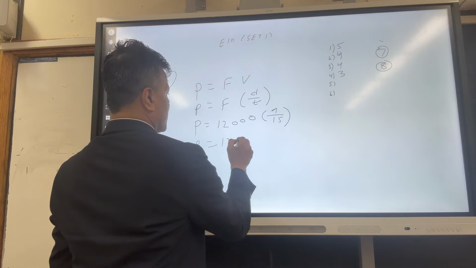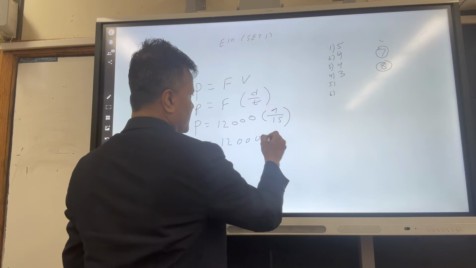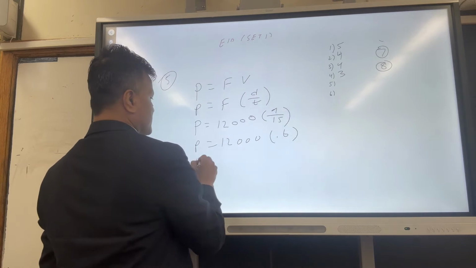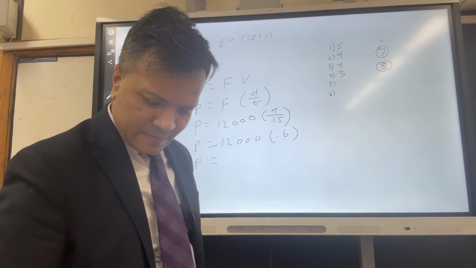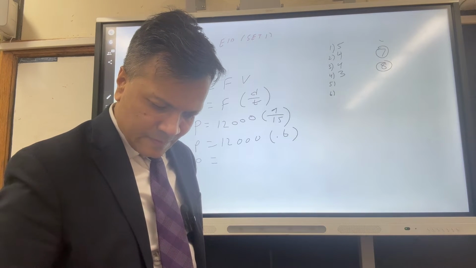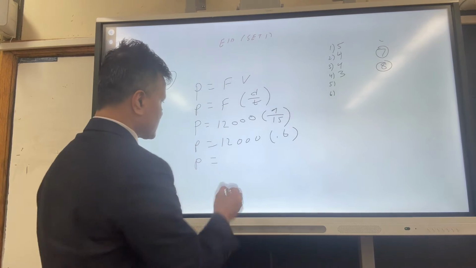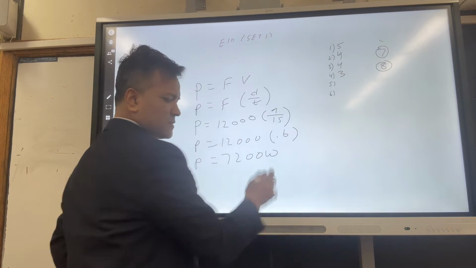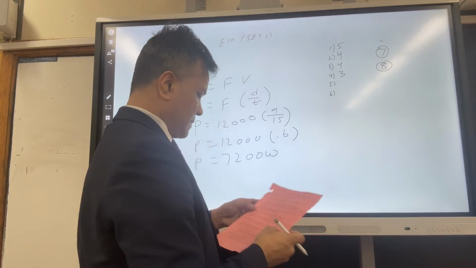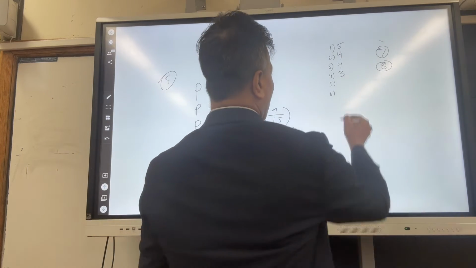So power is 12,000 times 0.6, and that is 7200 watts. 7200 watts must be number 5, 4.